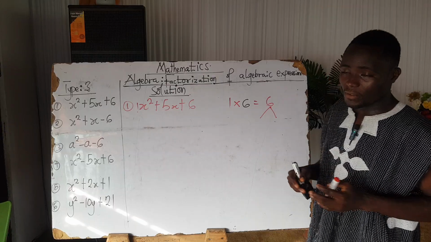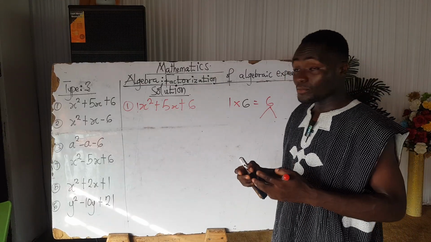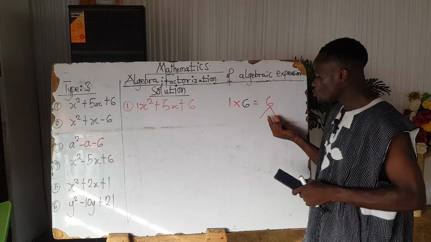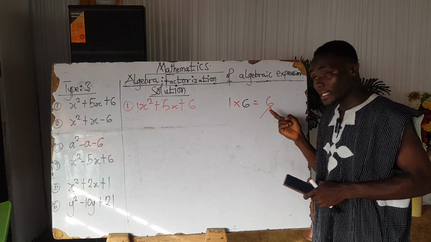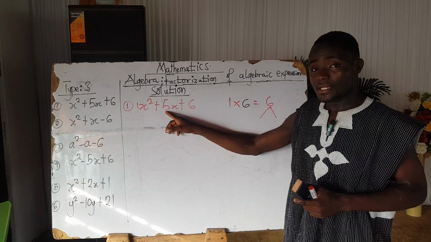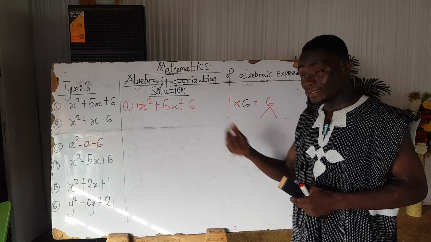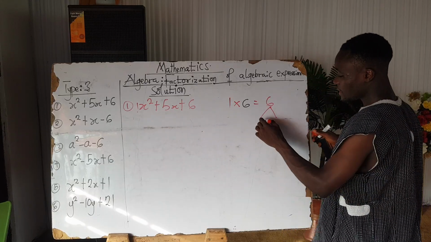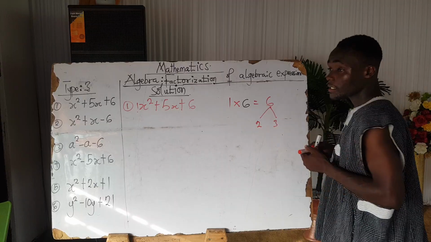Why am I finding the factors of 6? I'm doing that because I want to find two numbers which are factors of 6 that, if I add, I will get 5, but if I multiply, I will get 6. So the factors of 6, I'm going to get 2 and 3 here.